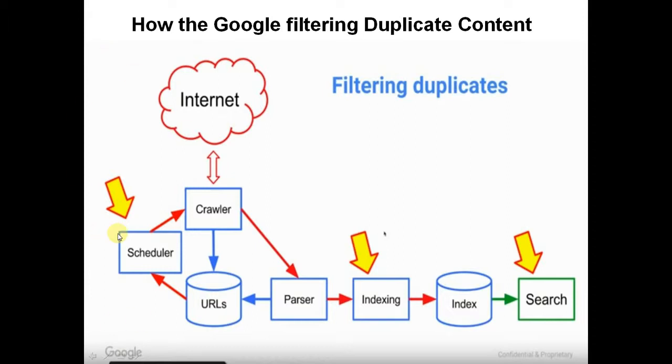Then the scheduler passes it to the crawler, and the crawler finds phrases to take for indexing. Then your URL will be indexed, and your search result will come up on the Google page. This is the process.